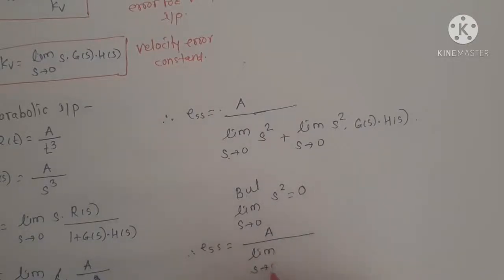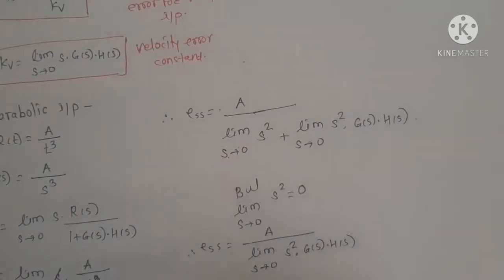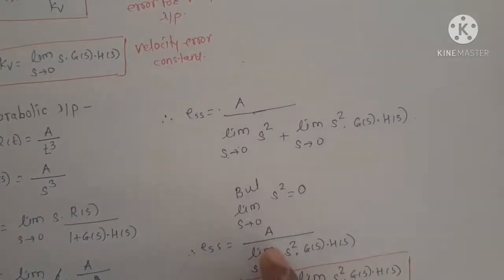Limit s tends to 0, s square g of s into h of s, because these terms become 0. This term is nothing but the Ka, the acceleration error constant. So put that value in the above equation.